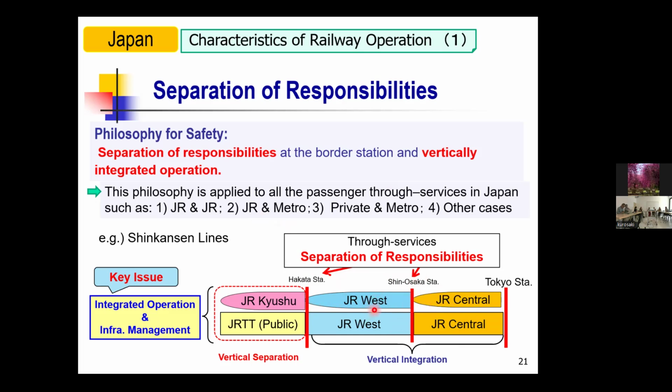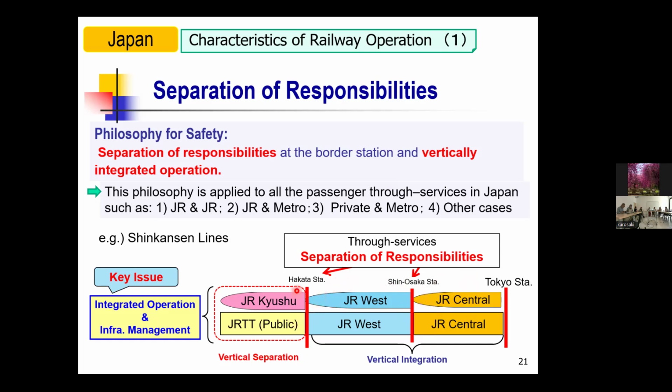This means that at the border station, that is Shin-Osaka station in this case, not only the train control for signaling, but also drivers and other train crews change at the border station.